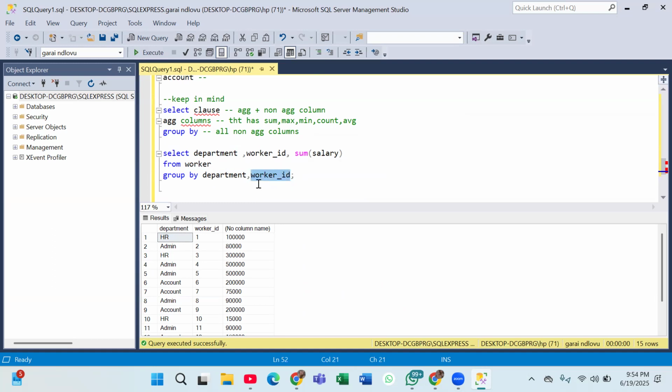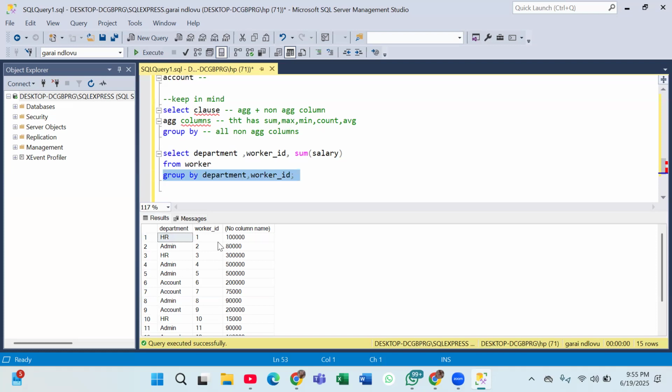Yes, then you have to mention it in group by, and your solution will change. So only mention those columns that you need. Did you get that? That's what your question was, right? Yes. Okay. So here you can see that I have added worker ID here and also in group by. And your whole solution changes because now you are grouping with the help of two columns, right?